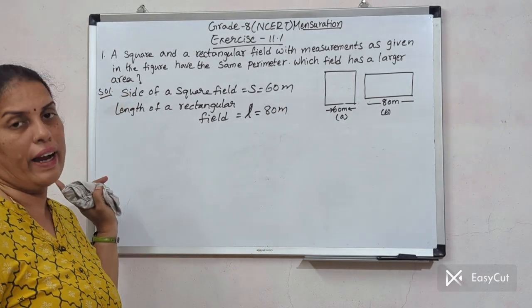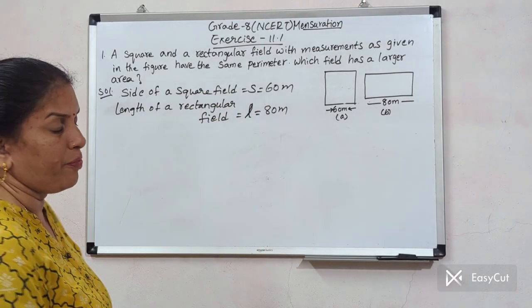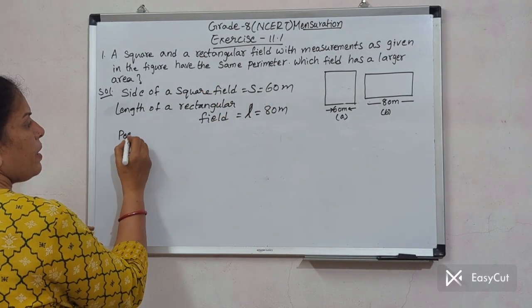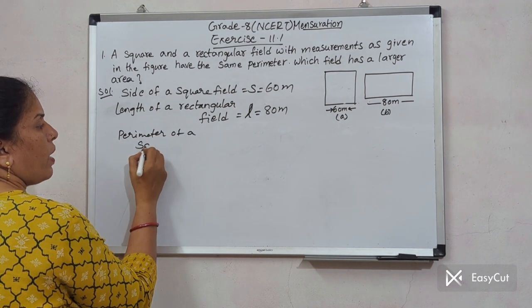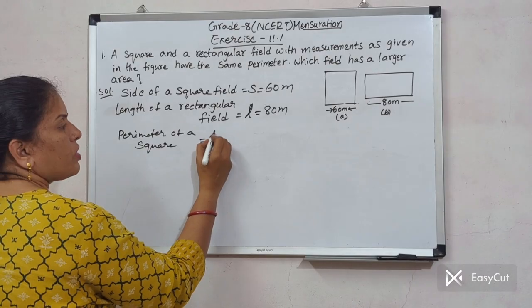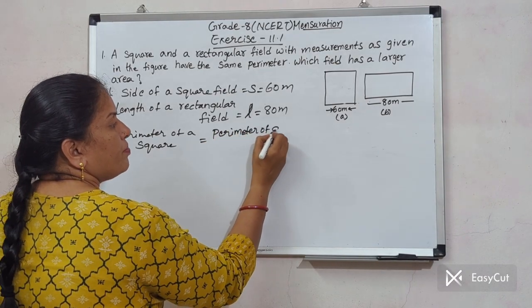Length of the rectangular field is L equal to 80 meters. According to the question, their perimeters are equal. That means perimeter of a square is equal to perimeter of a rectangle.